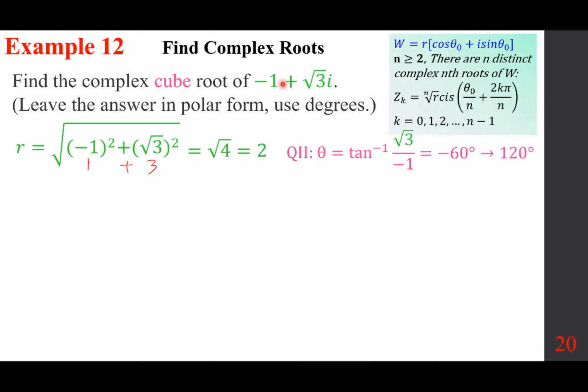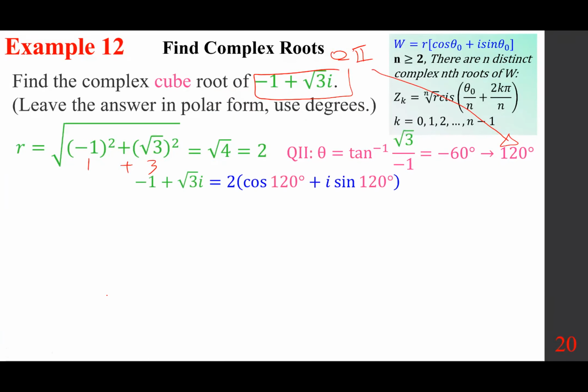So this gives us the second quadrant. So we go to 120 degrees instead of minus 60. So r cis theta is 2 cosine of 120 degrees plus i sine of 120 degrees. Again, as I said, it's easier to deal with degrees.